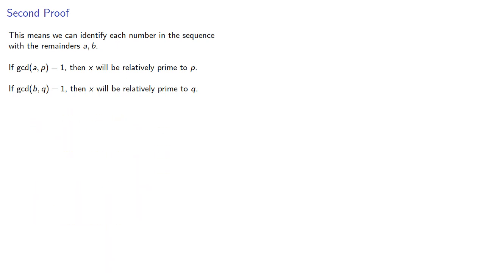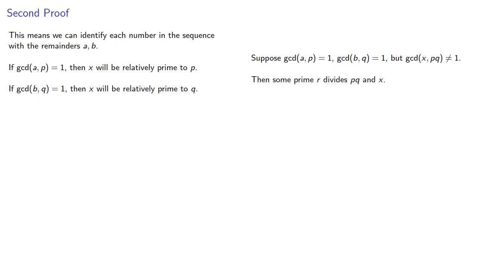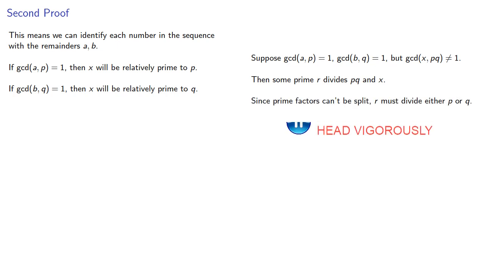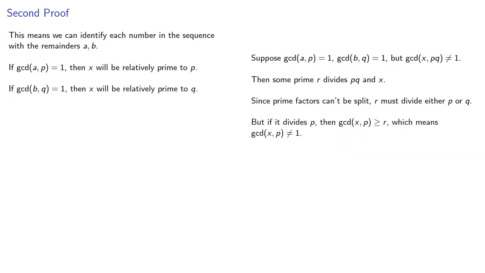Now suppose the greatest common divisor of a and p is 1, the greatest common divisor of b and q is 1, but the greatest common divisor of x and the product pq is not 1. Then some prime r divides both the product and x, and since prime factors can't be split, r must divide either p or q. But if it divides p, then the greatest common divisor of x and p is at least r, which means that the greatest common divisor of x and p is not 1.